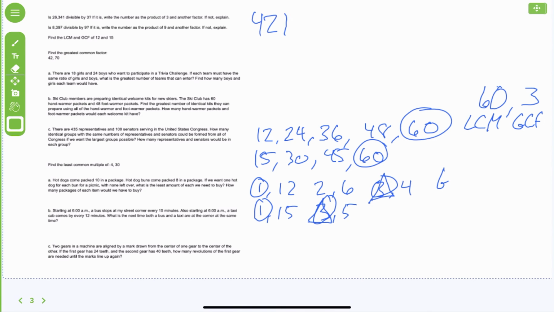You say 42 will go into 70 how many times? One time. That is 42, which gives you 28. So then we're going to say, how many times will 28 go into 42? One time. What is 42 minus 28?